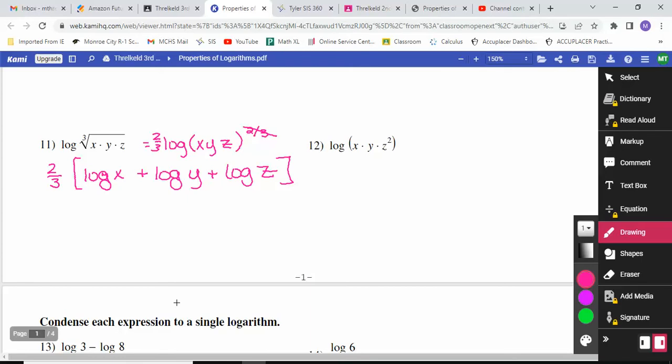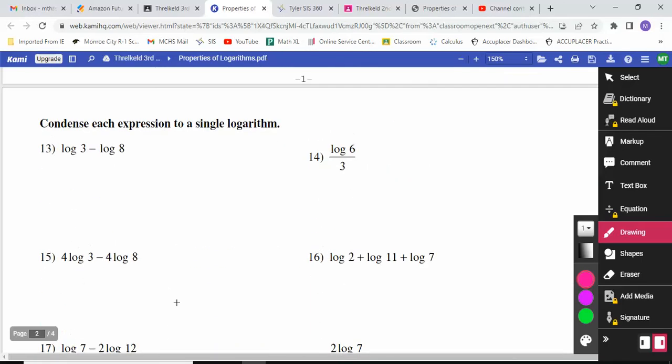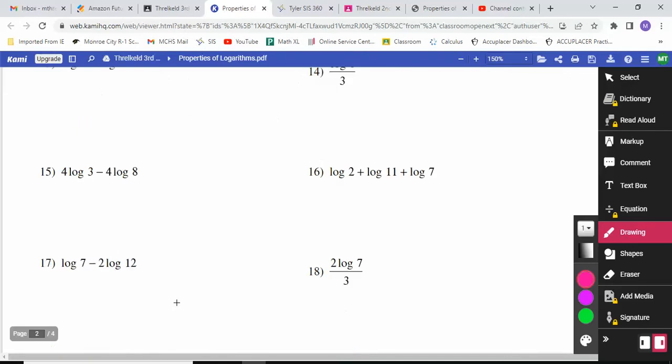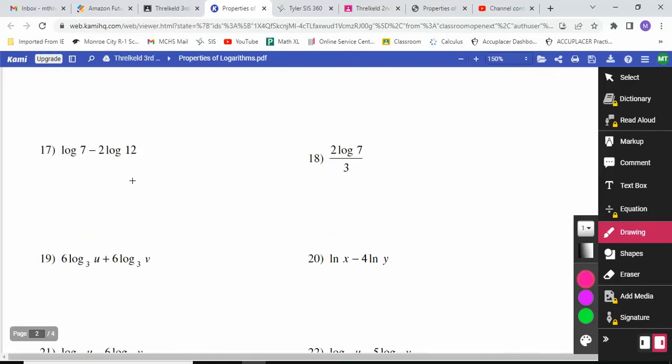Let's try some condensing, going the other way. So if I look at, let's go to number 17. What would you do? We have log 7 minus 2 log of 12. What do we do with the 2?